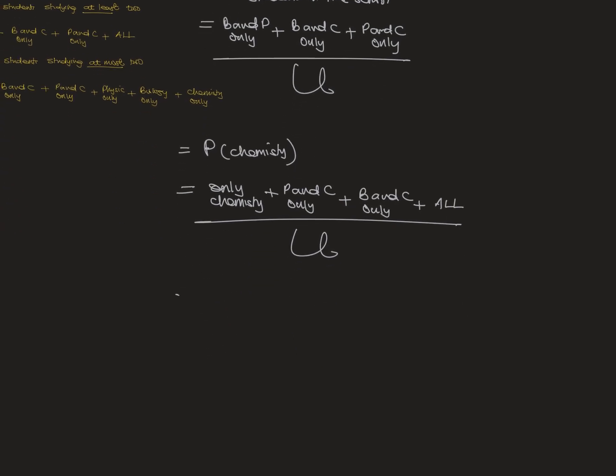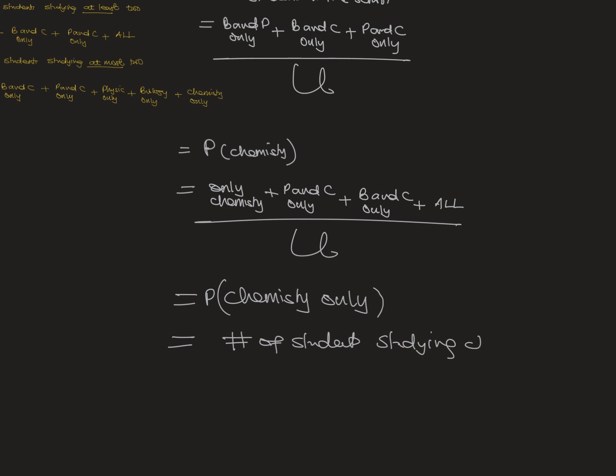But if at all I say probability of chemistry only, it will obviously be the number of students studying chemistry only divided by the total number of students in the school.